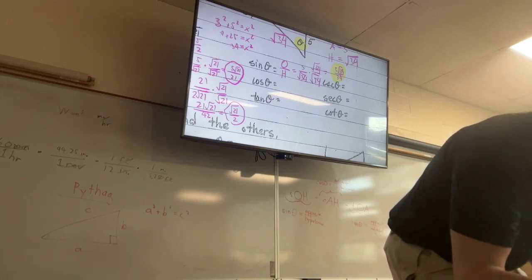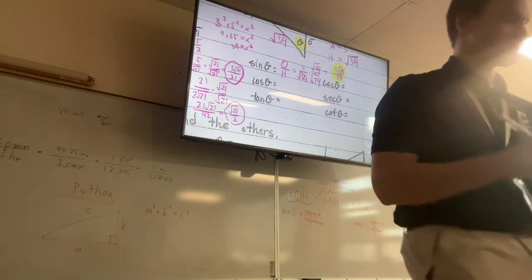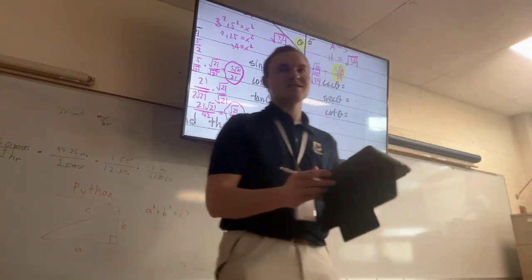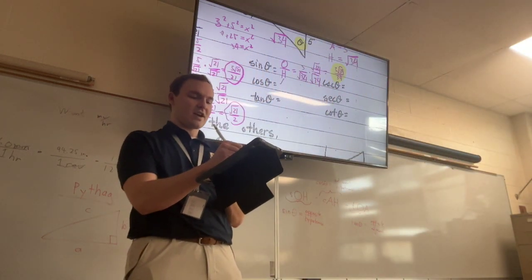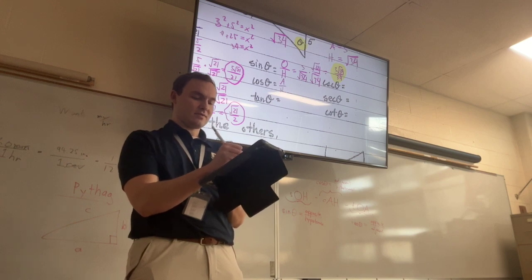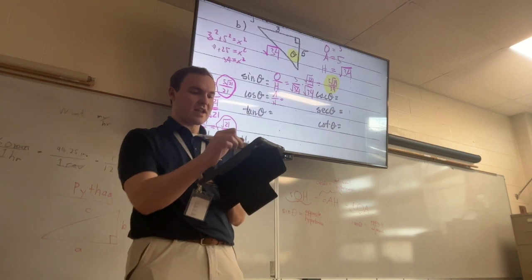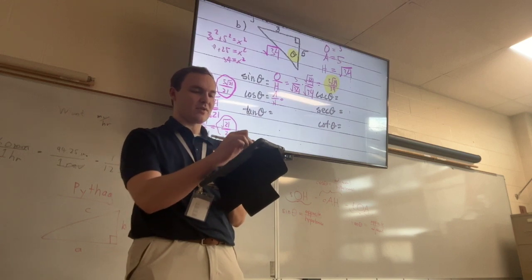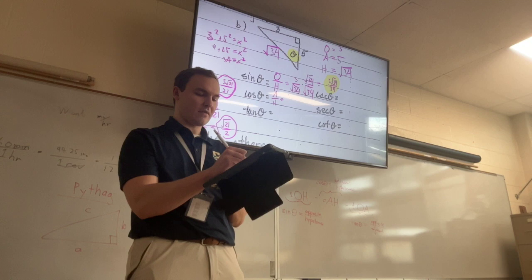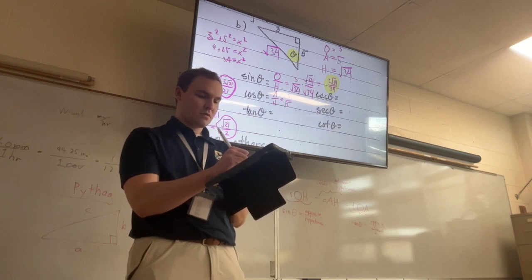Okay. What's cosine? Adjacent over hypotenuse. SOHCAHTOA. So right here my A is 5, my H is root 34, so it's going to be 5 over root 34. Let's make sure we rationalize that denominator.